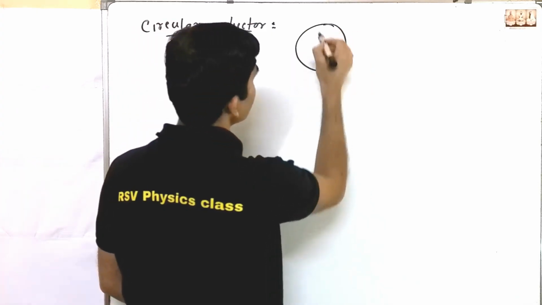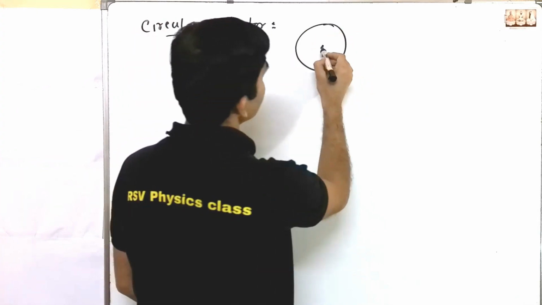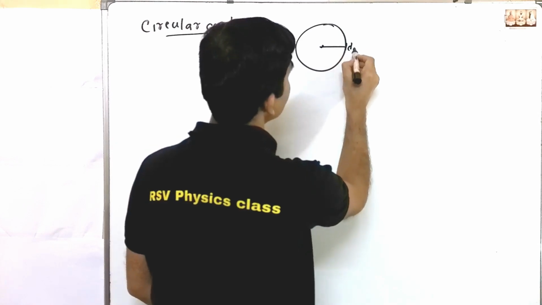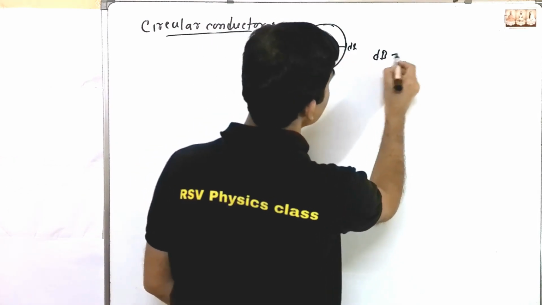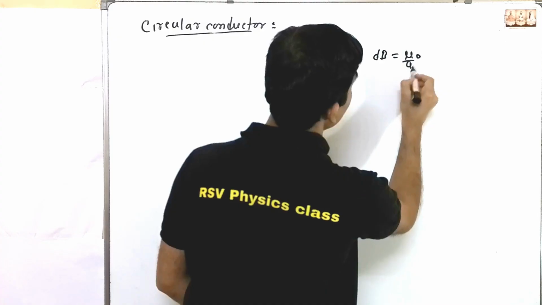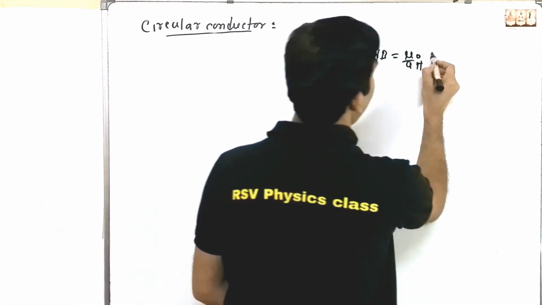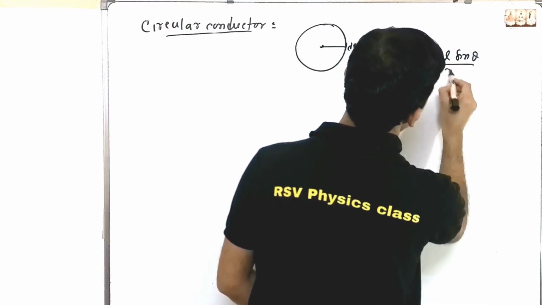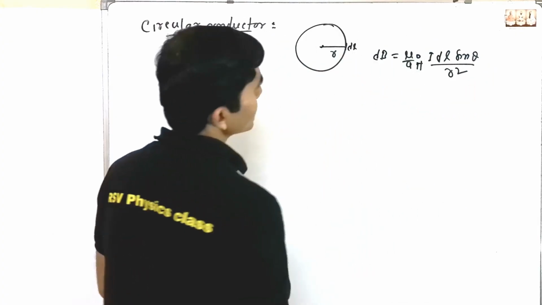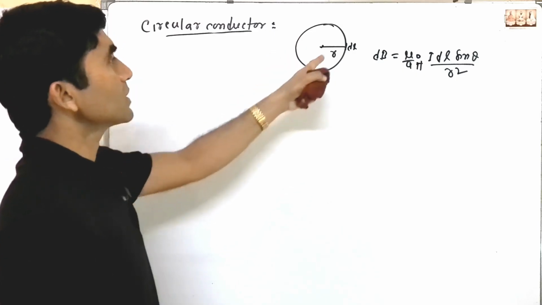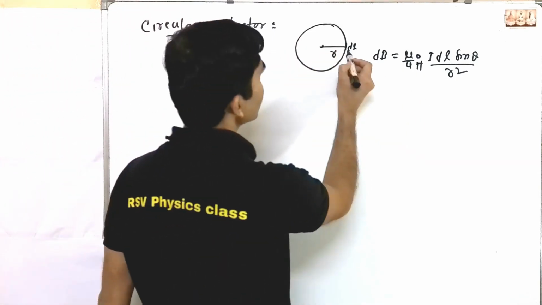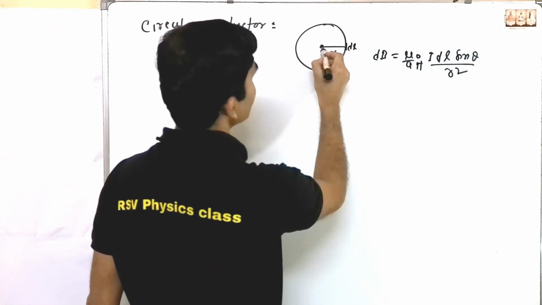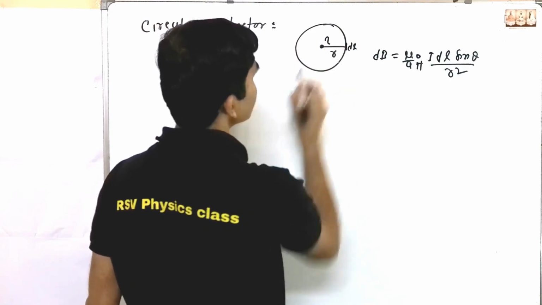So if this is your circular conductor and this is a small dl, then dB equals mu 0 by 4 pi I dl sin theta over r square, and this is r. For the circular conductor, you are calculating the magnetic field at the center.